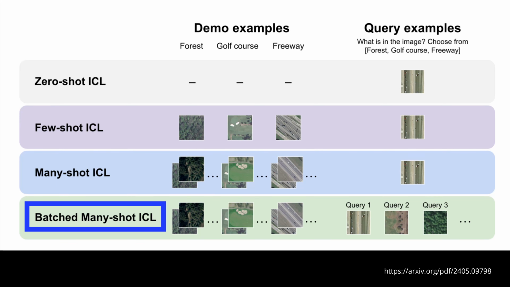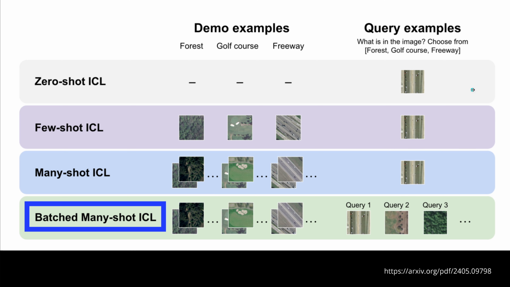But you know what's the really fascinating part of this story? They also looked at batched many-shot in-context learning. So what does it mean? We now do multitasking in one prompt. We do not have one query at the end of our examples, but we have multiple queries to ask our vision language model.